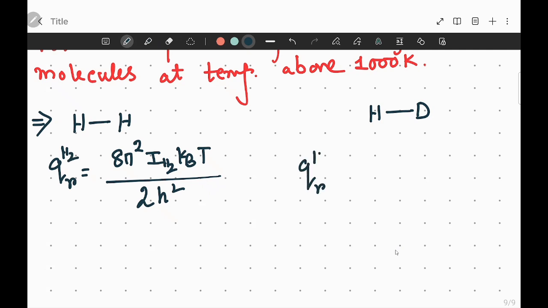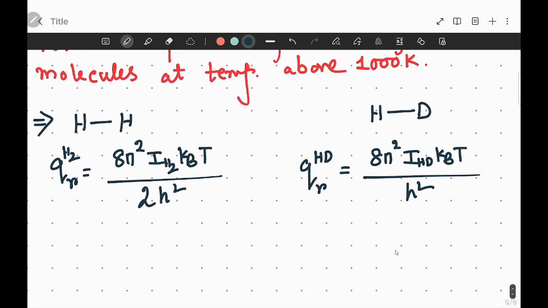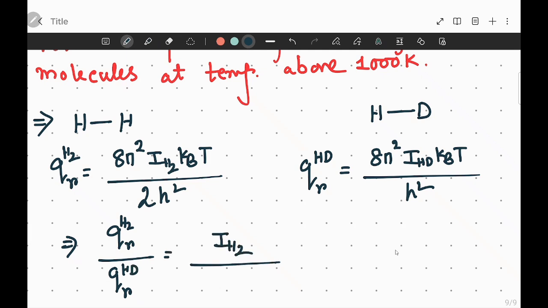Now QR for HD will be 8 pi square I HD kBT divided by just h square. Okay, so now take the ratio. QR H2 divided by QR HD will be I H2 divided by 2 I HD, if I'm not wrong.